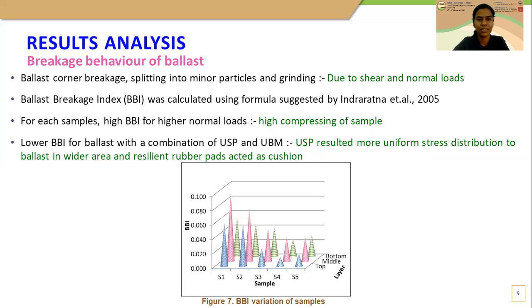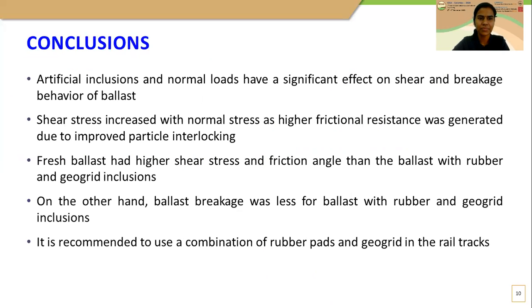Therefore, there is a reduction in ballast breakage. Figure 7 shows the BBI of samples in terms of layers. When compared with the top, middle, and bottom layers, the middle layer showed higher breakage. This is due to the shear plane being at the middle of the shear apparatus.